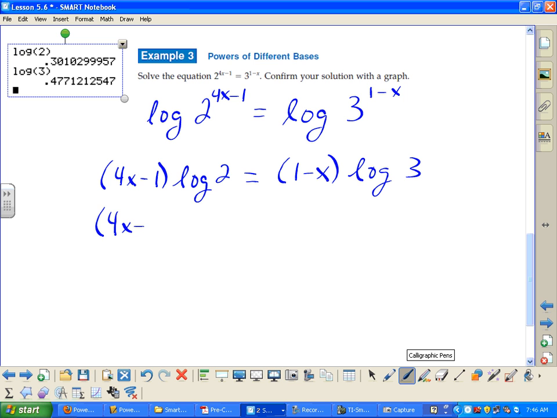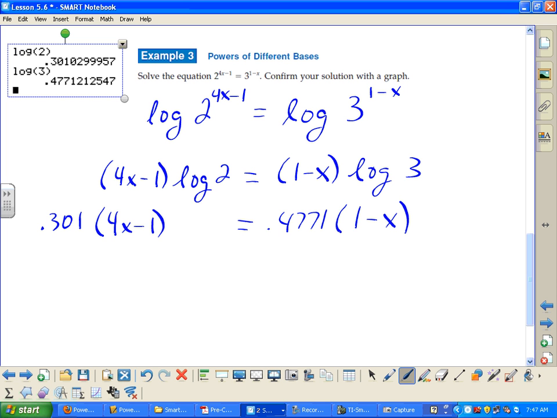So we have the quantity 4x minus 1 times the log of 2, which is 0.301, and the log of 3, which is 0.4771 times 1 minus x. So we'll go ahead and distribute.